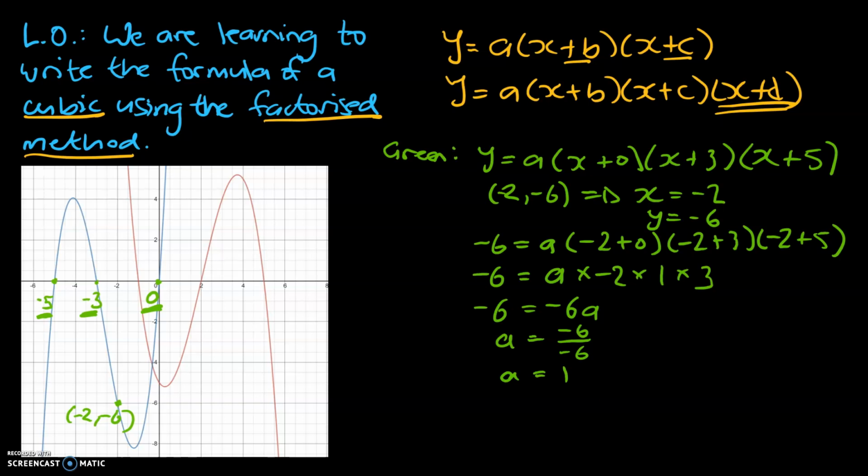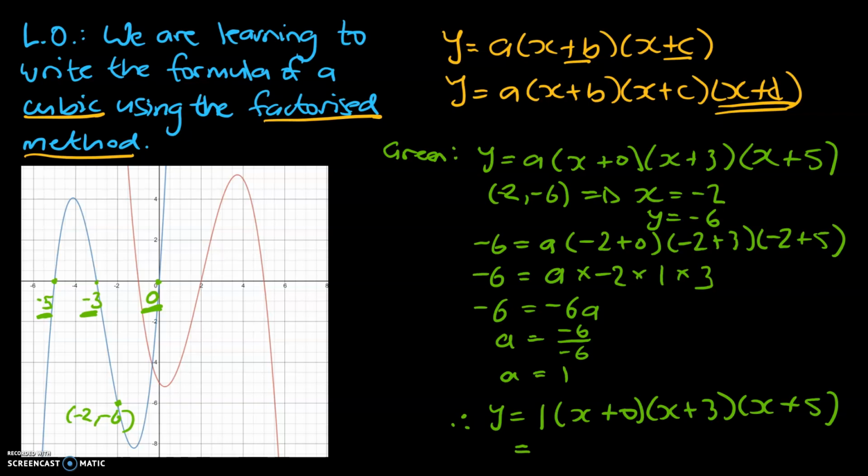We're then going to substitute that back into our original equation. So our partial equation from the beginning is going to look like this. Y is equal to 1 times x plus 0, x plus 3, and x plus 5. But what we're going to do is make this look a bit simpler. That 1 we're going to ignore because anything times 1 will be the remaining.